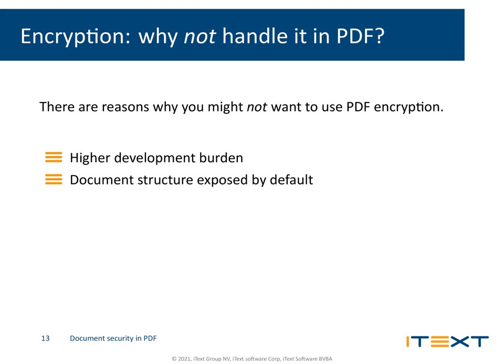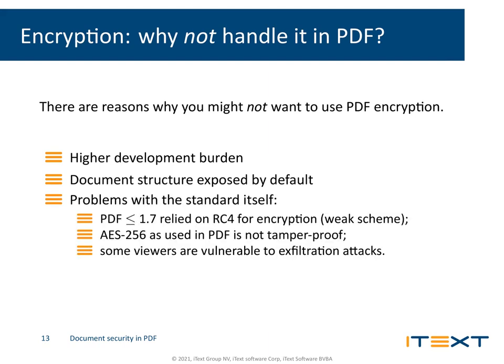The content of the document is very much encrypted, and if you use a secure crypto system, it's next to impossible to figure out what's in the document. Nevertheless, some of these more structural aspects can remain exposed. If this is a problem for you, then you probably don't want to use PDF encryption.